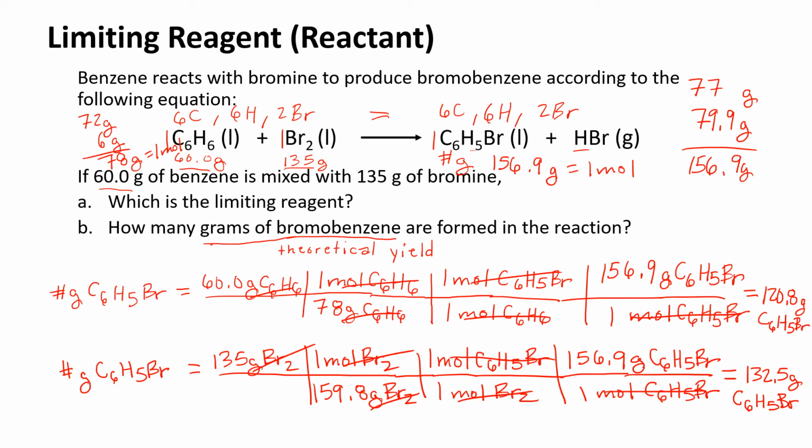All right, so from these calculations, we can determine that benzene is our limiting reactant, because this gives us the lowest theoretical yield. This is the lowest theoretical yield.